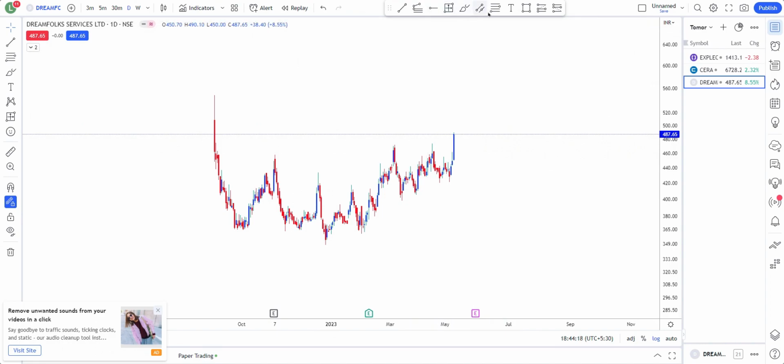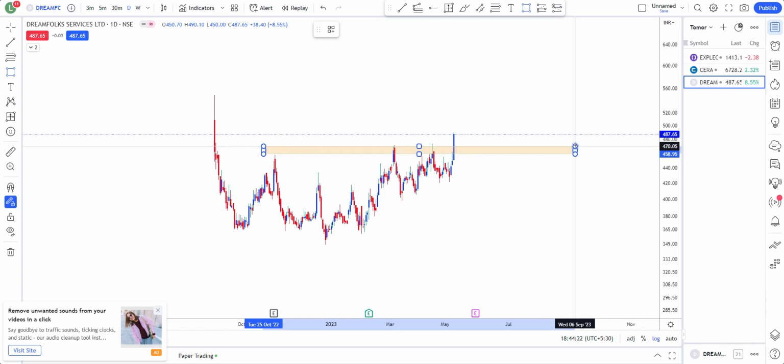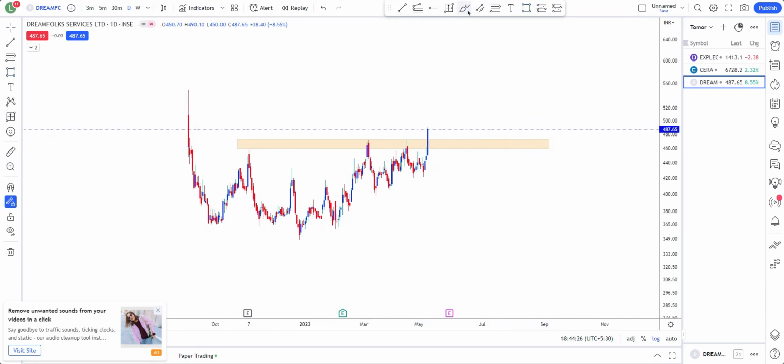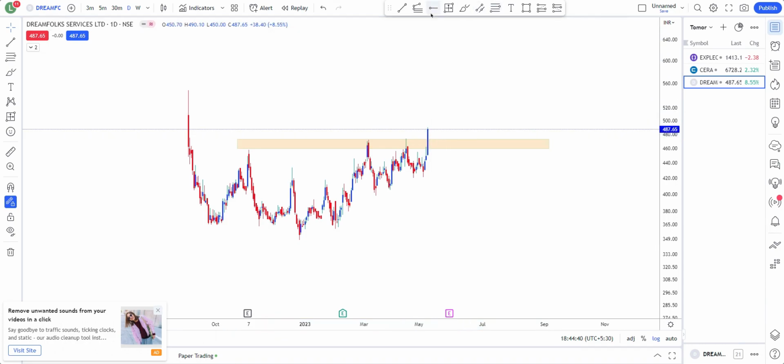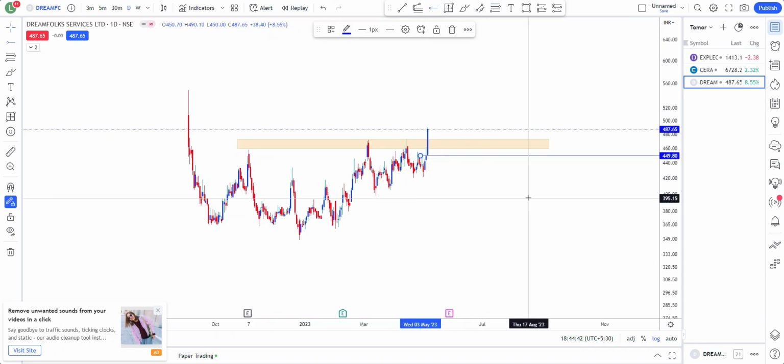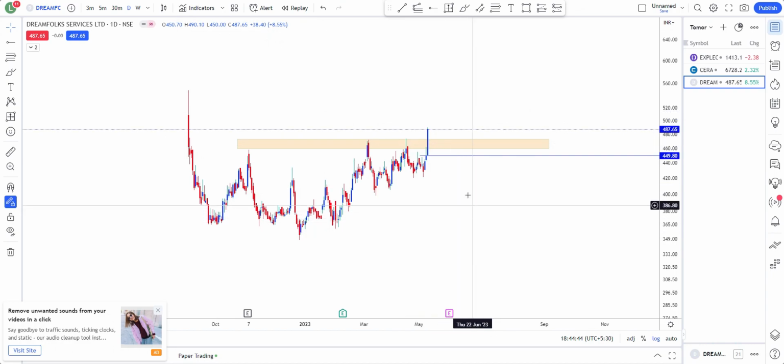I'm not giving an exact buy position for this. If this gives a pullback tomorrow or in a couple of days, then the area around 475 is good to buy, keeping the stop loss just below the big candle, which is 449 or 450.